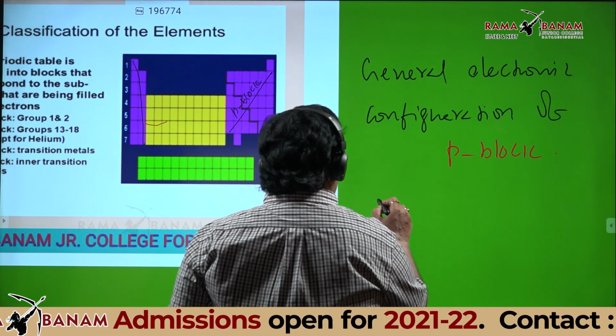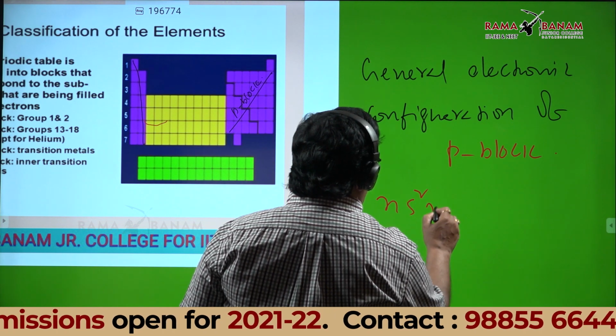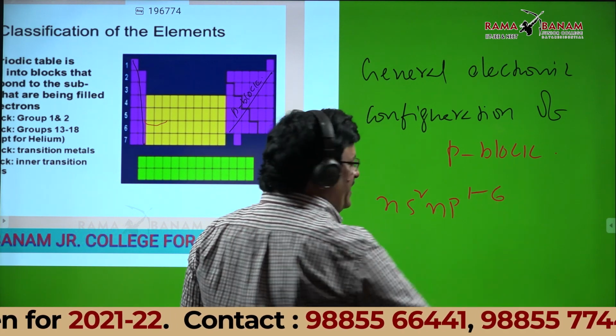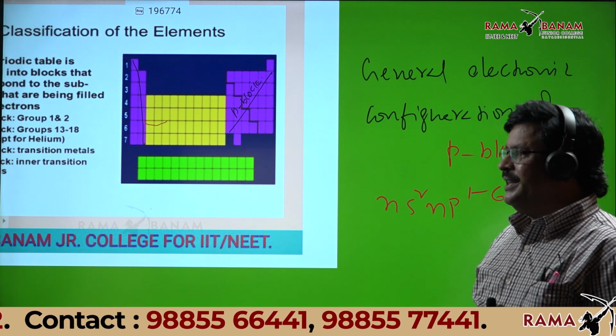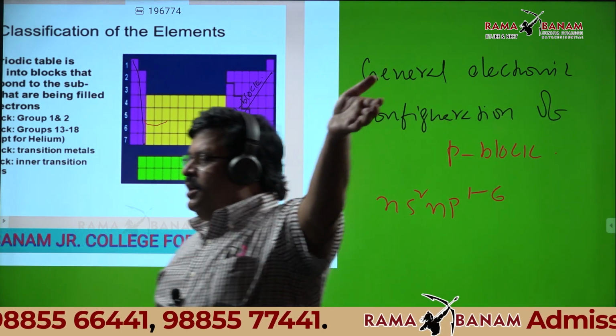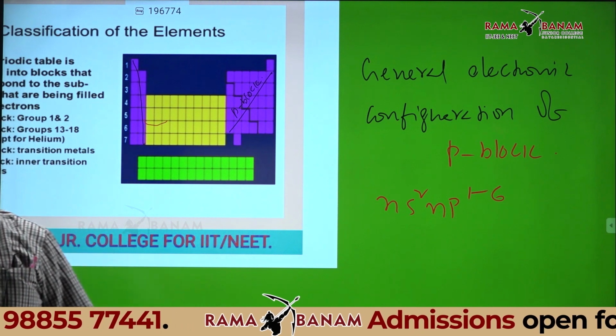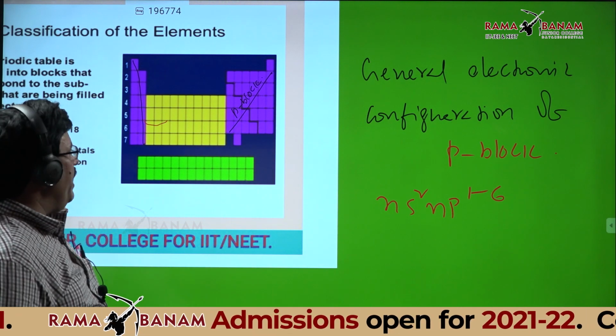Excellent. So can I write that as ns2 np1 to 6? Yes, sir. Right. The general outer electronic configuration is ns2 np1 to 6.